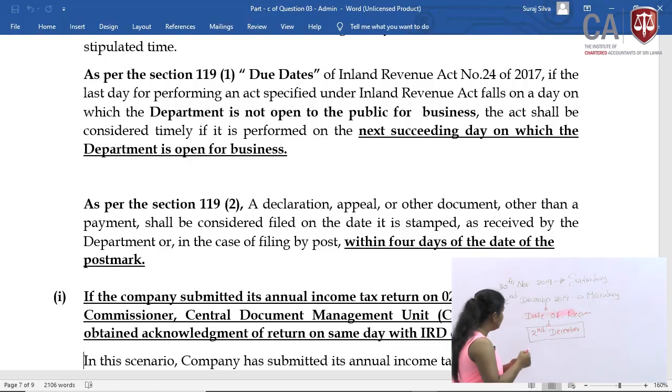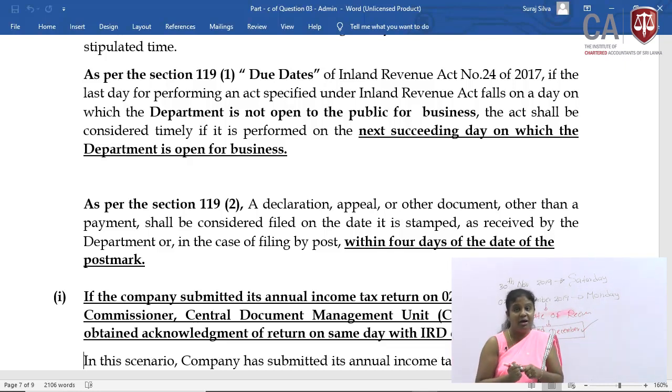Can you see now? Has the client done the correct thing? Yes, the client has done the correct thing.